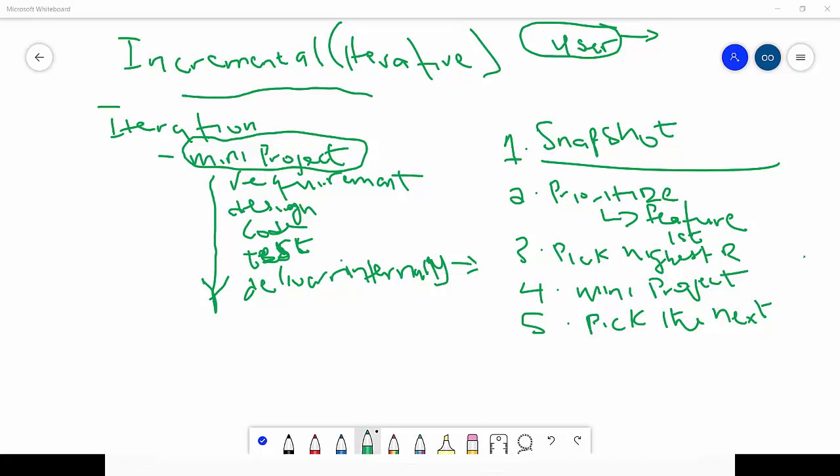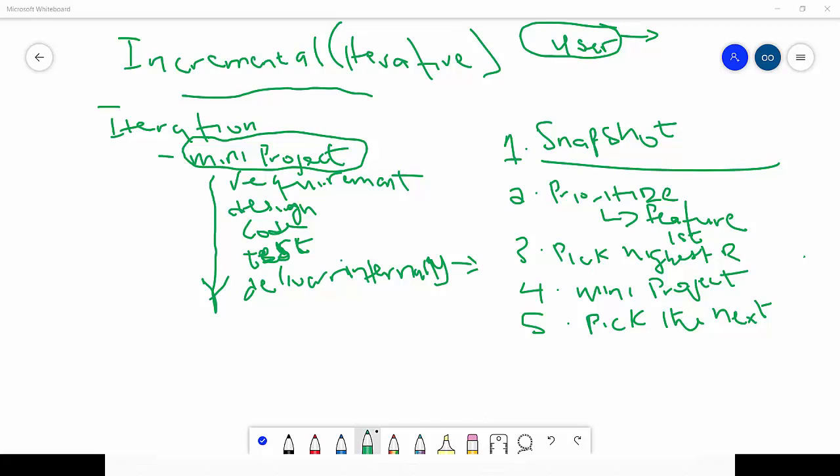Now, in our traditional based model, what happens if you get the time estimate or even the budget estimate wrong? Let's not go on the macro level.